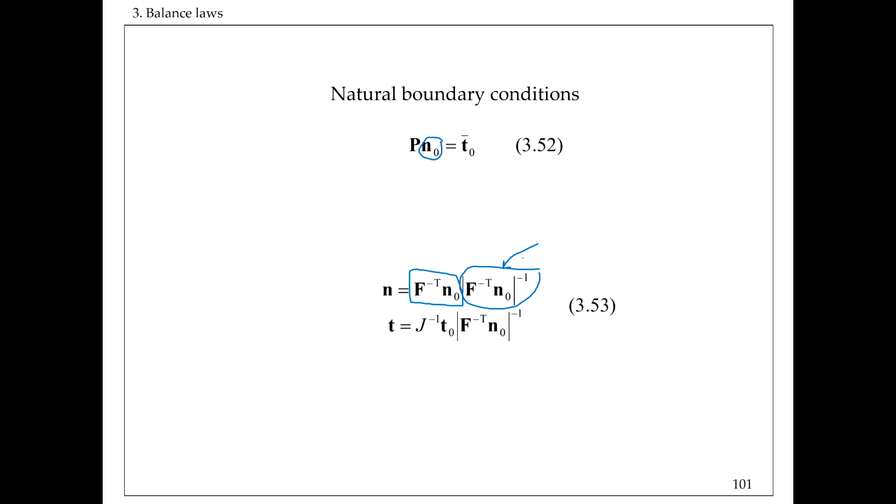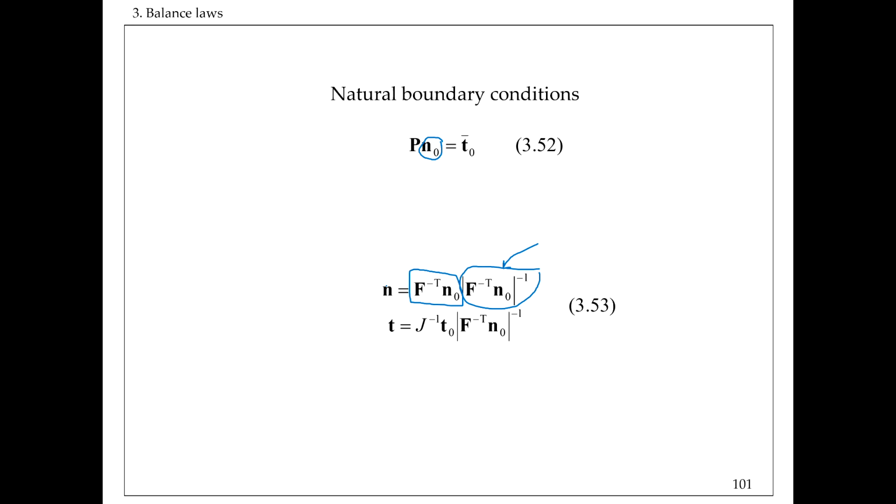If we don't do that, we still can have a normal vector in the deformed configuration, directly obtained by mapping the normal vector in the undeformed configuration n0 with F minus transpose.